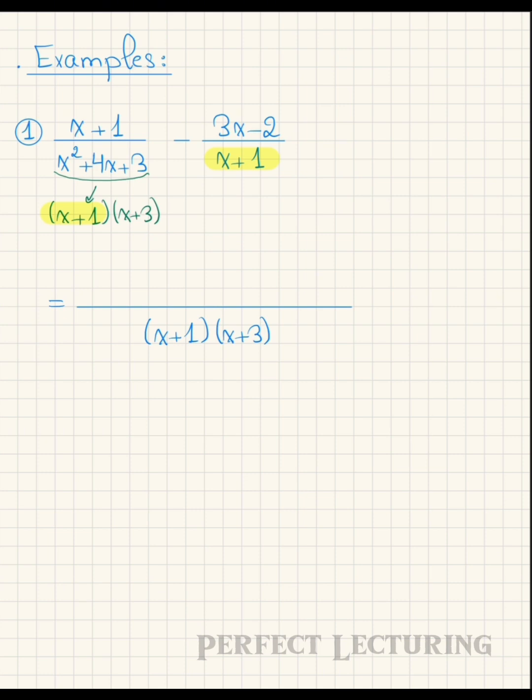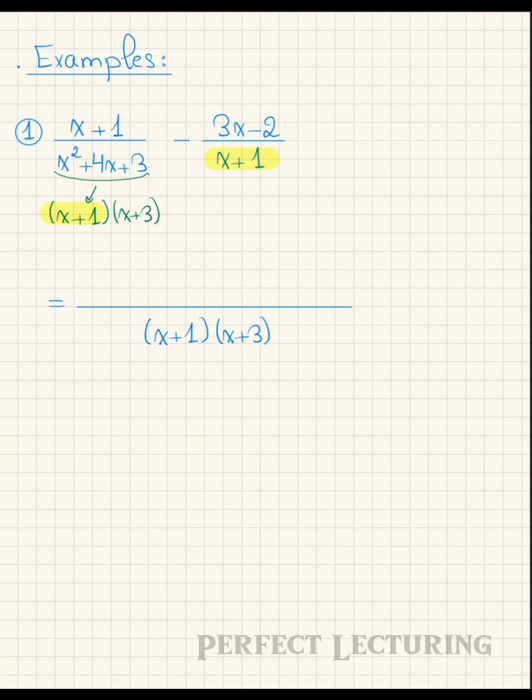Now, if it happens that we have two factors with different exponents, we always take the higher exponent. So for example, if you have x plus 2 to the power of 3, and x plus 2 to the power of 5, we select x plus 2 to the power of 5. But in this example, it happens that x plus 1 is of exponent 1 in both fractions, so we just take x plus 1.